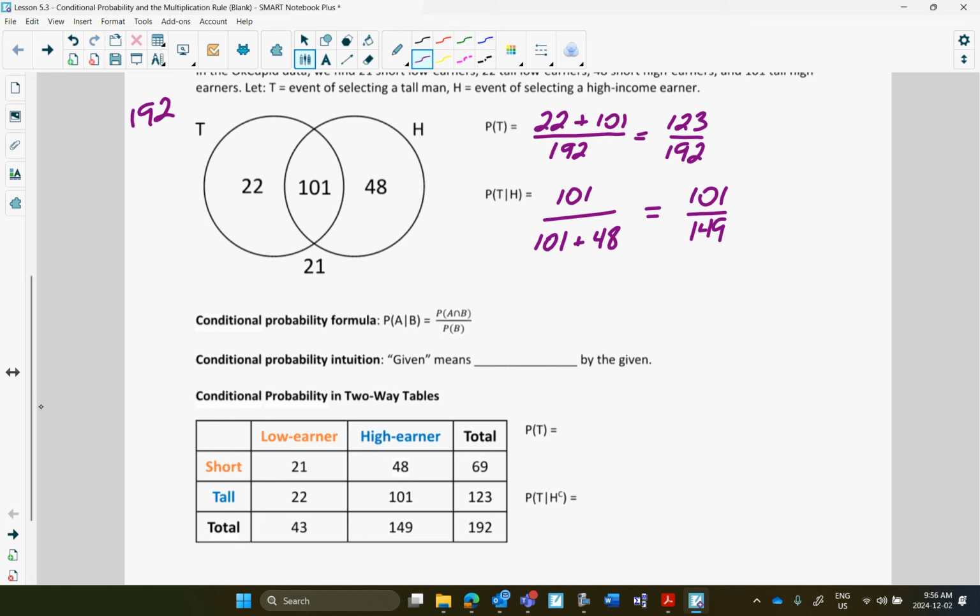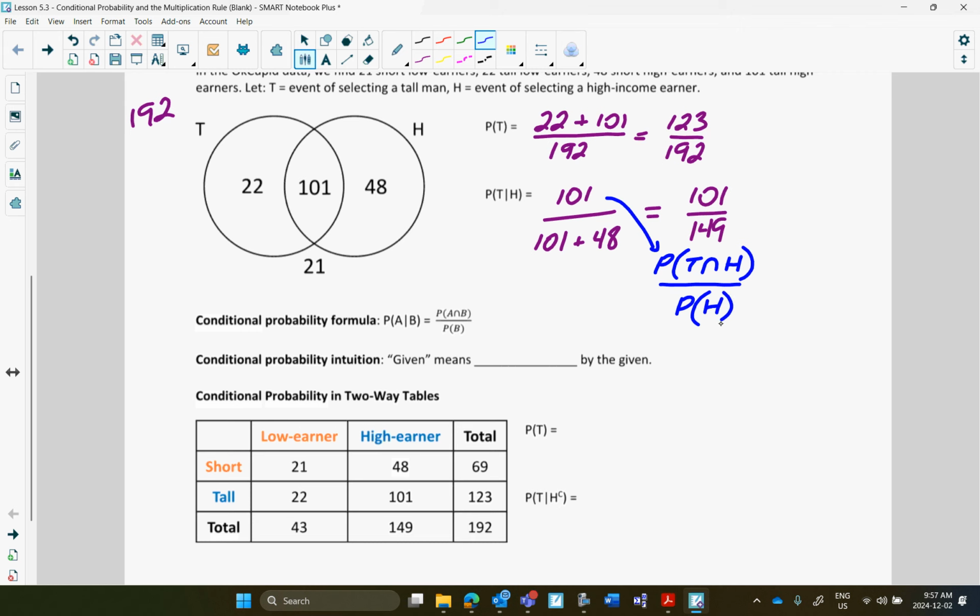So really what we did here is we found the probability that they were tall and a high income earner, and we divided by the probability that they were a high income earner.